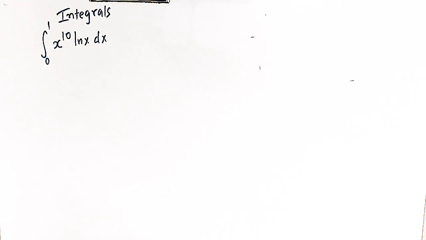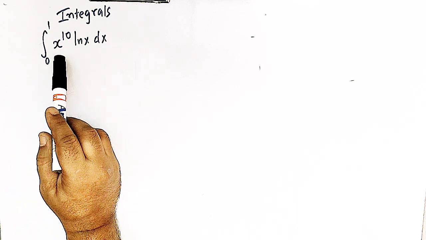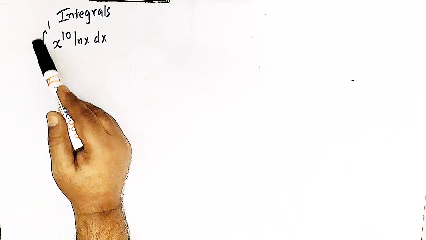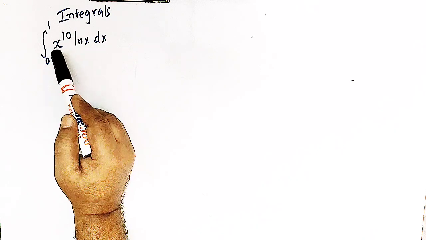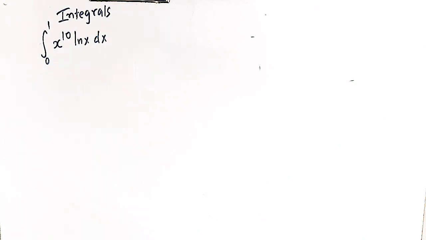Hello viewers, in today's session we are going to discuss another important problem from beta and gamma functions. In this session we are going to evaluate this integral from 0 to 1, and the integrand is x raised to 10 times the natural log of x.